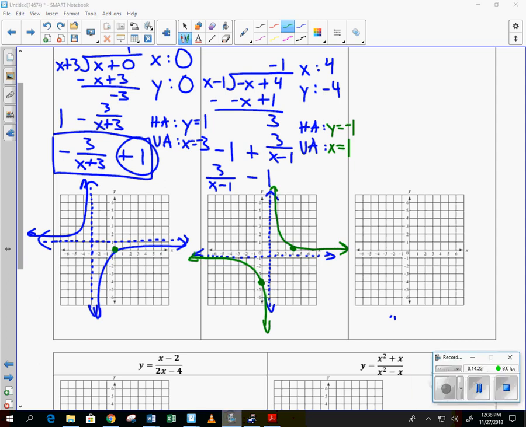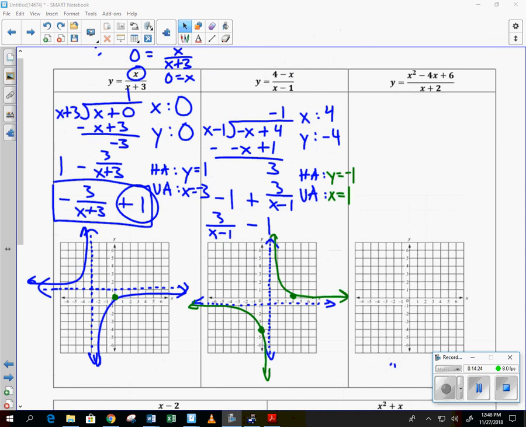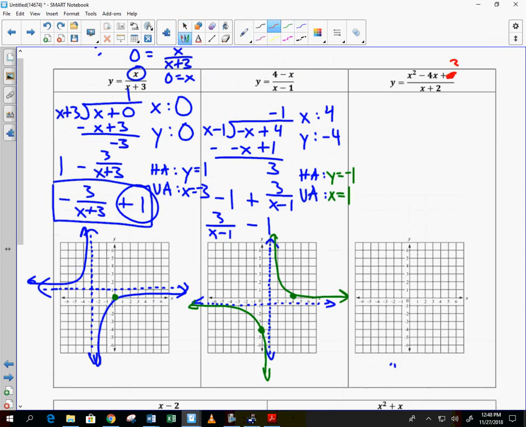I'm going to have you do one of the problems on your worksheet. Here we go. The next one, this is, I forget to change this every year. It's a +3, not a +6. And I'm going to start by dividing. I'm going to take the x plus 2 and divide it into x squared minus 4x plus 3.